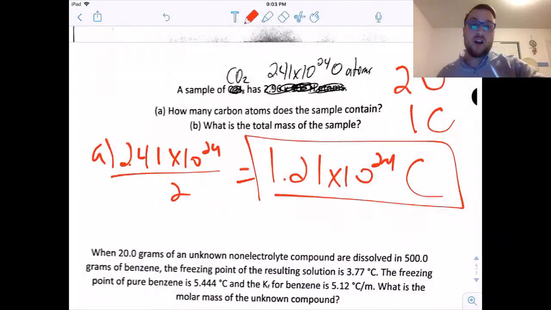So every 1 molecule of CO2 has 2 atoms of oxygen. For every 1 molecule of H2O, there are 2 atoms of H. So your H's will always outnumber how many H2O's you have, regardless of how much H2O I give you. You have 1 H2O, you have 2 H's.